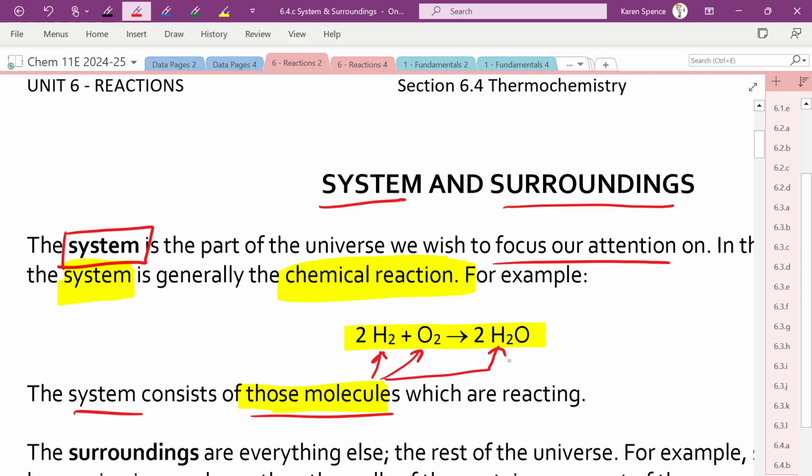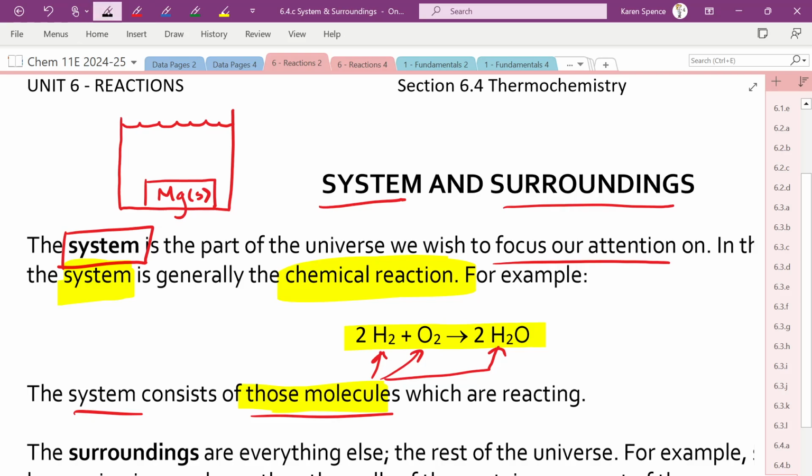If you have a reaction taking place in aqueous solution, let's say we had a beaker here, and some magnesium metal, and we put it in there with some AgNO3 aqueous.